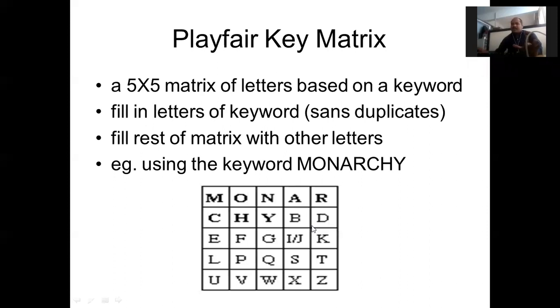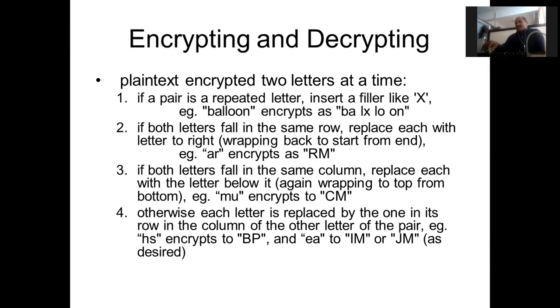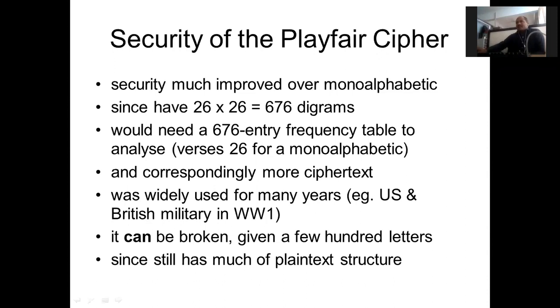Now, how are you going to perform the encryption? That is important. For performing the encryption, we have some rules, and we will see how they work. These are the rules for encrypting and again for decryption.